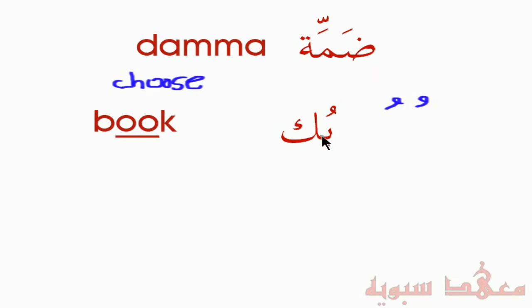We have here the ba with a dhamma, followed by the kaf, which has the K sound. So here it's pronounced as book. This letter alone with the dhamma would be bu. Similarly, we have the word in English put. There's a u sound that represents the sound a dhamma makes.